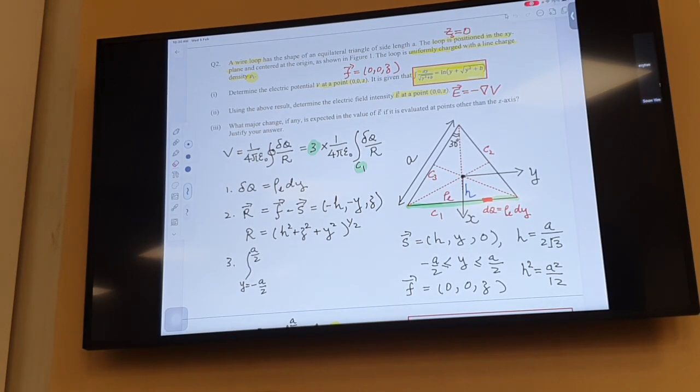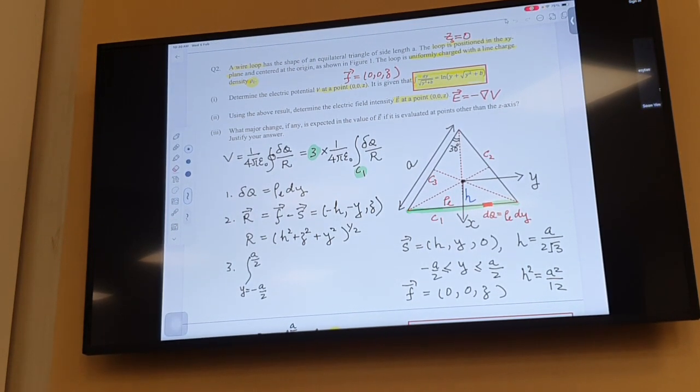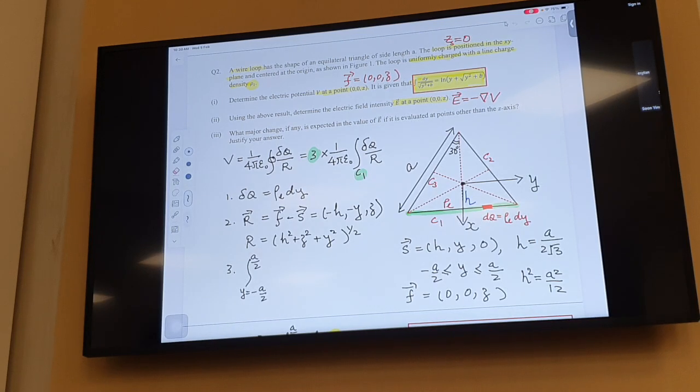The potential due to C1, C2, C3 will be the same. Pick any line to integrate, multiply by 3. Usually we pick C1 here because it's easier to integrate. So now we simplify to just integrating one straight wire. If this length is A, that will be from minus A over 2 to A over 2.